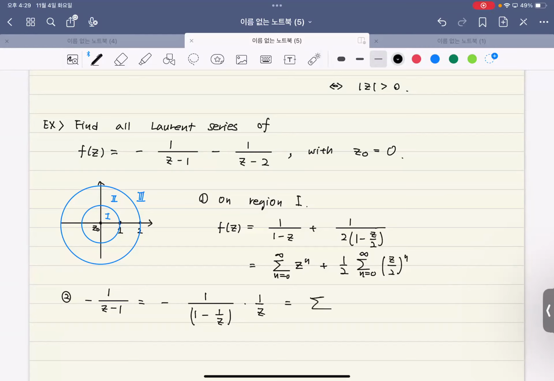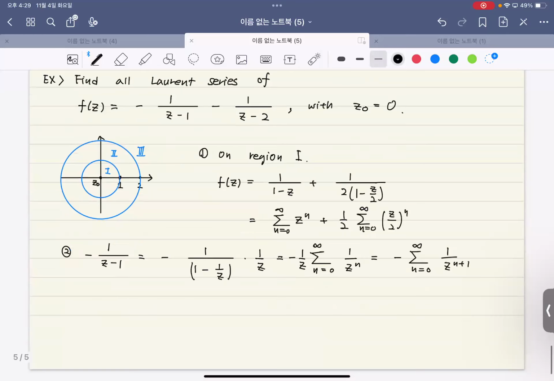So from 0 to infinity, 1 over z to the n, with a minus sign, summed to infinity, just like this.